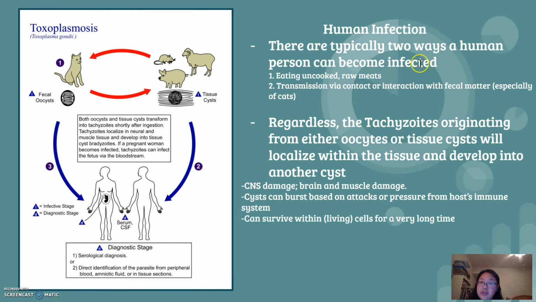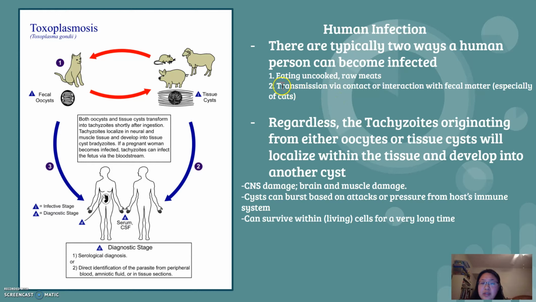The first way of getting infected is ingesting uncooked or raw meats, especially lamb, venison, pork, beef, if those creatures are contaminated by the disease and not cooked thoroughly, and we ingest it, we actually will initiate the tissue cyst cycle, and that's how we become infected.